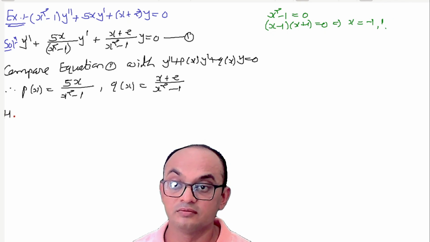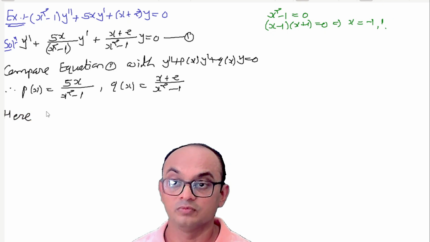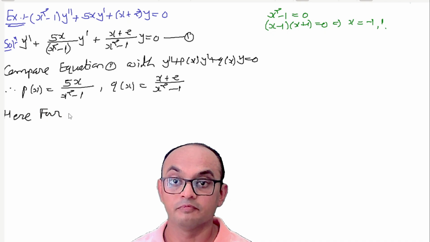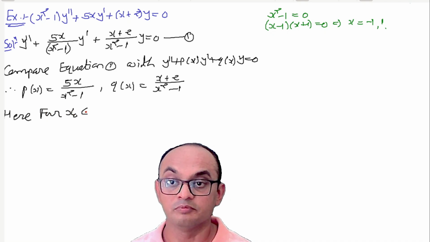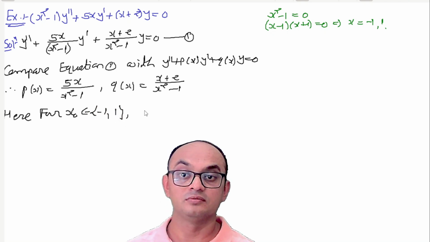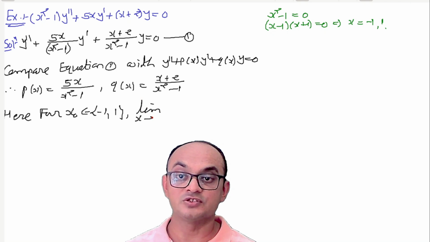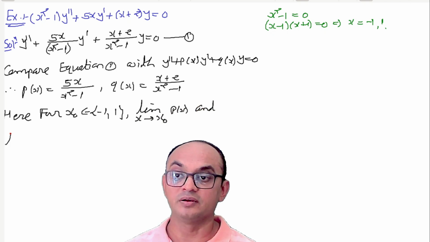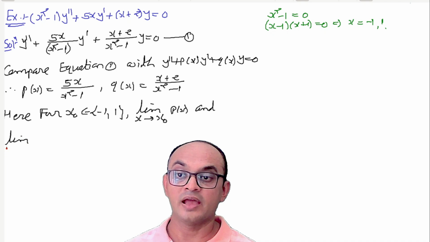So right here, for x0 belonging to the set {minus 1, 1}, limit x tends to x0 of px and limit x tends to x0 of qx does not exist.